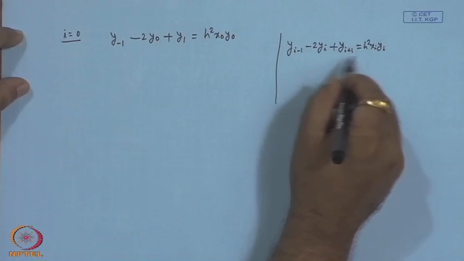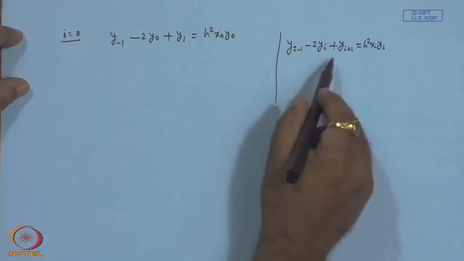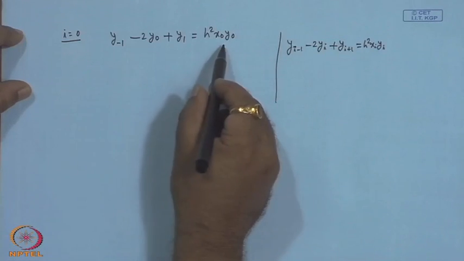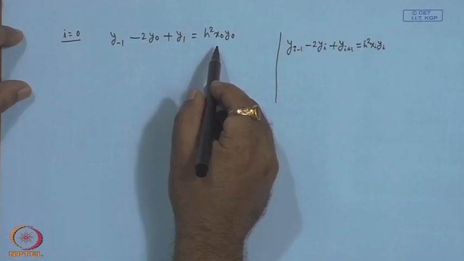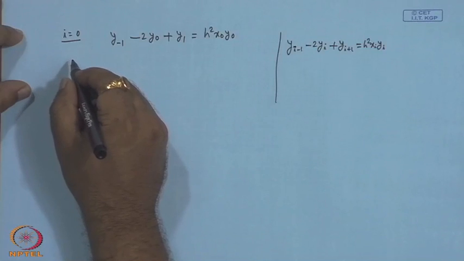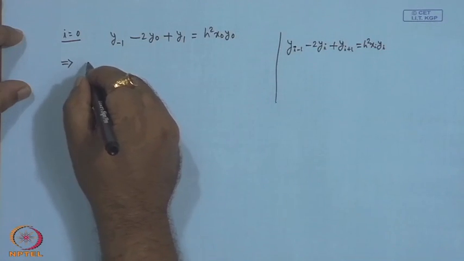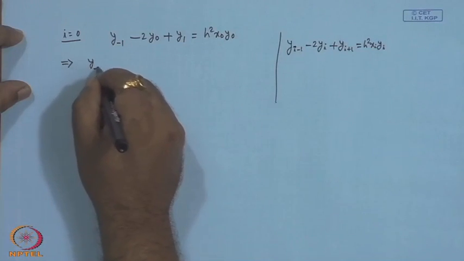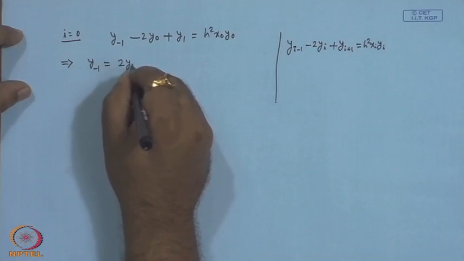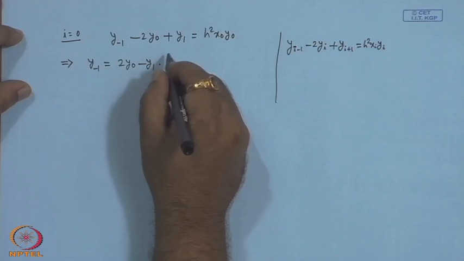So, from here when i equals 0, we get this, plus h square x 0.